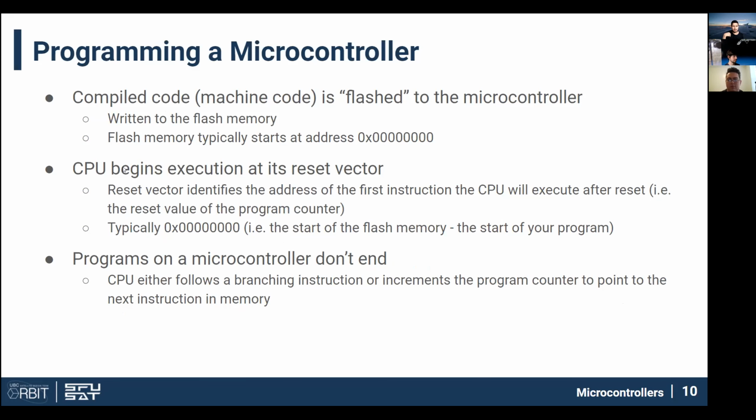Then when you power the microcontroller, the CPU starts by executing the instruction at its reset vector. The reset vector is essentially the reset value of the program counter, and the program counter is the address of the instruction currently executing. Typically this is just 0. It's nice and easy to remember, very logical. You can change it though, and some microcontrollers have it configurable. But let's assume it's 0 for now.